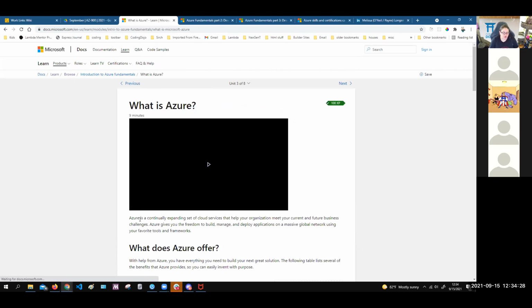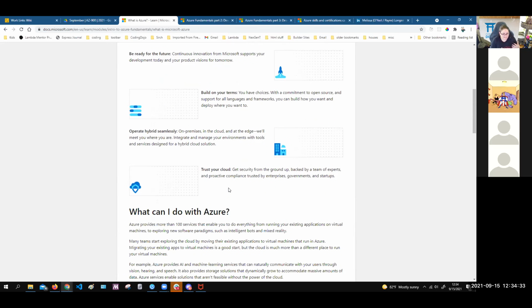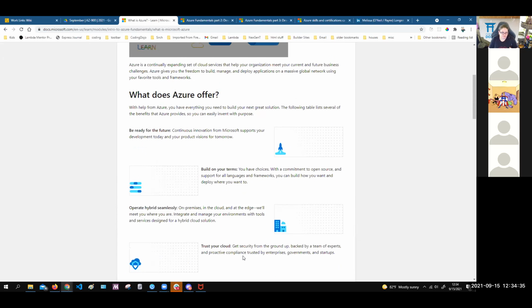So what is Azure? It is continuously innovating. It's constantly changing. They're always adding to it. It's open source, which is really nice, so you can help contribute to it and other people can contribute to it.